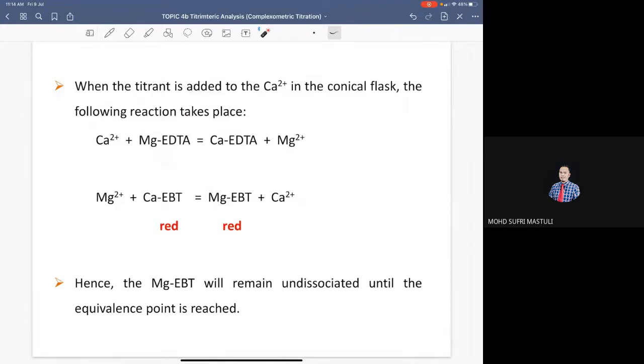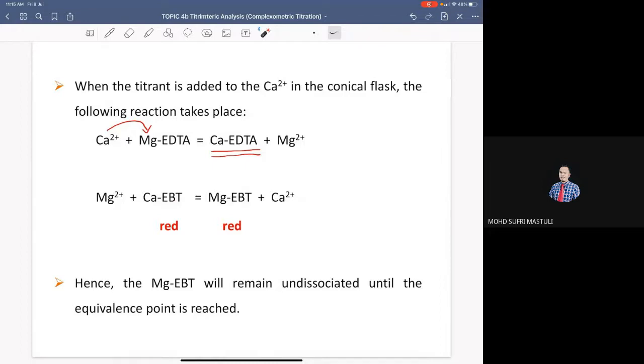So the calcium will replace the position of magnesium, and it forms the calcium-EDTA complex. The calcium-EBT is red in color, and the magnesium-EBT is also red in color, because we use EBT as the internal indicator. So EBT is red in color.